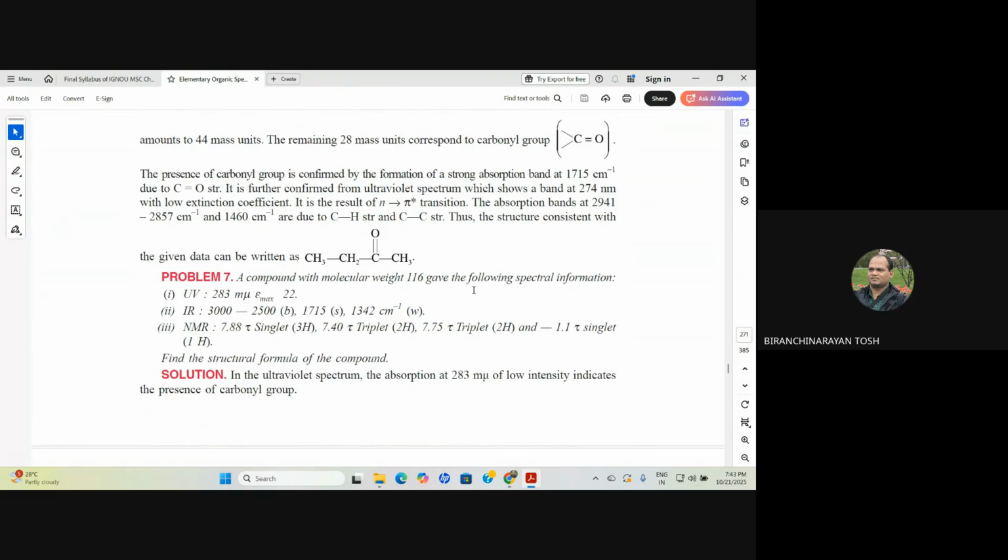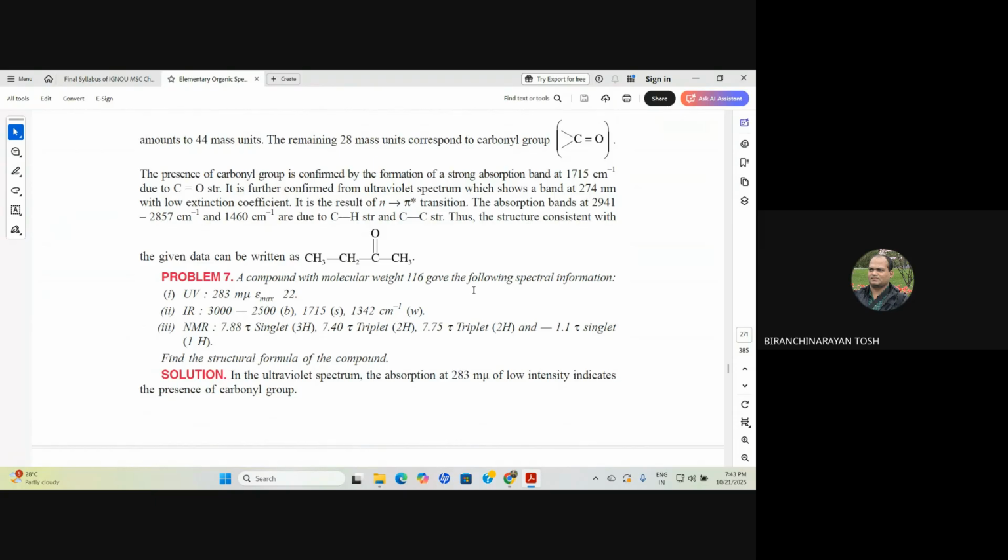In IR, we are getting a broad peak between 3000 to 2500, a sharp peak at 1715, and another weak peak at 1342. In NMR, we are getting a 3 proton singlet, a 2 proton triplet at 7.4, another 2 proton triplet at 7.75, and a 1 proton singlet at minus 1.1 tau. Find the structural formula of the compound.